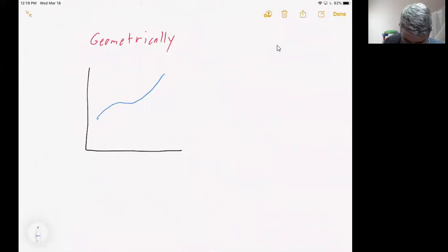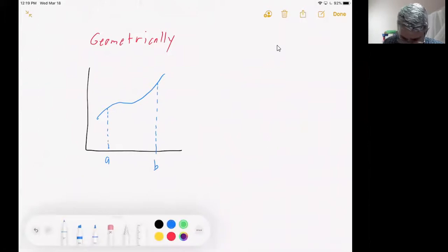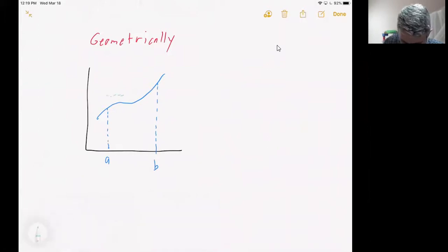We're going to look at this from x equals a out to x equals b. And if we were to complete the top with a line that looks like this, it looks like that line that I just drew was a little bit high. So let me get rid of that line.